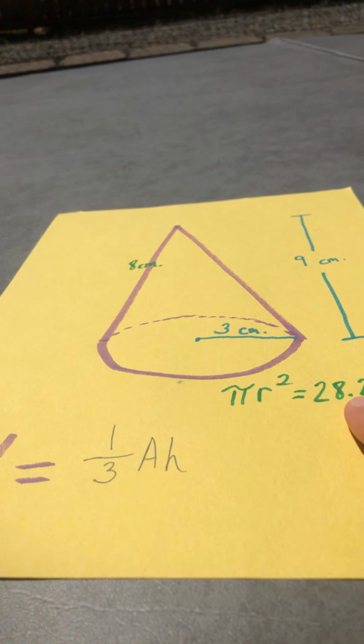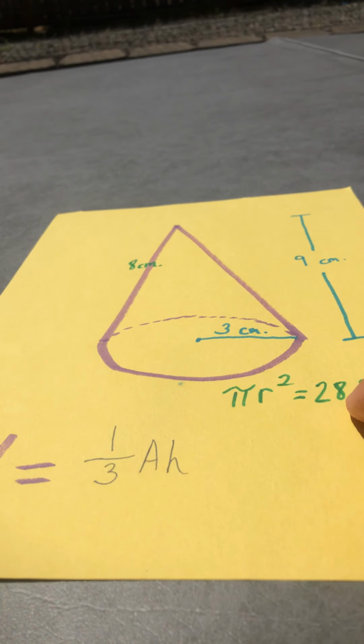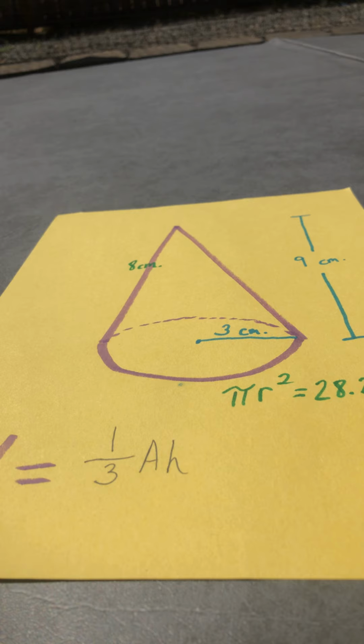All right, and then I'm gonna go ahead and multiply that. Since that's the area, I'm gonna multiply that by the height. Now this is the height here, 9.